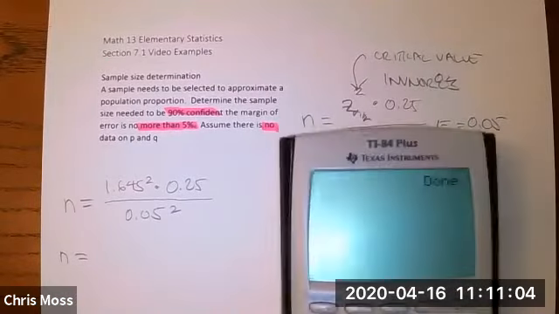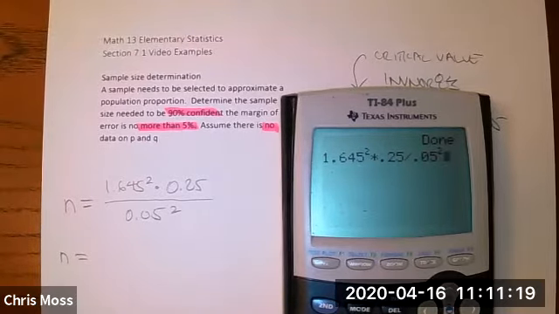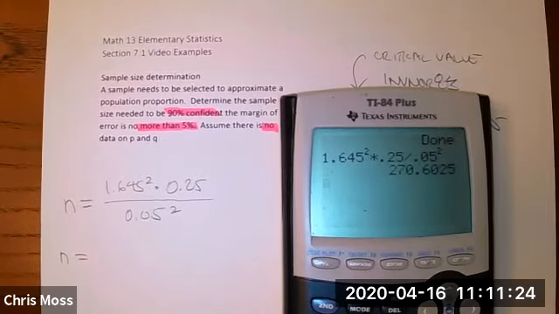Mr. Calculator comes back to help. 1.645 squared times 0.25 divided by 0.05 squared. Order of operations doesn't cause any issue or trouble. And there we go. Now, there is a rounding rule for the sample size determination.